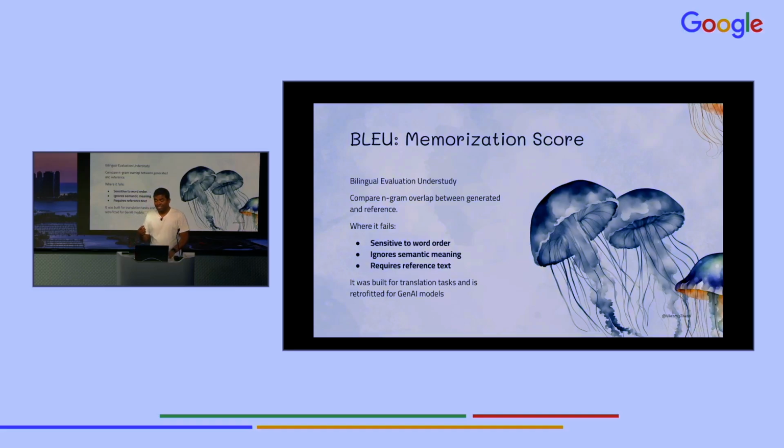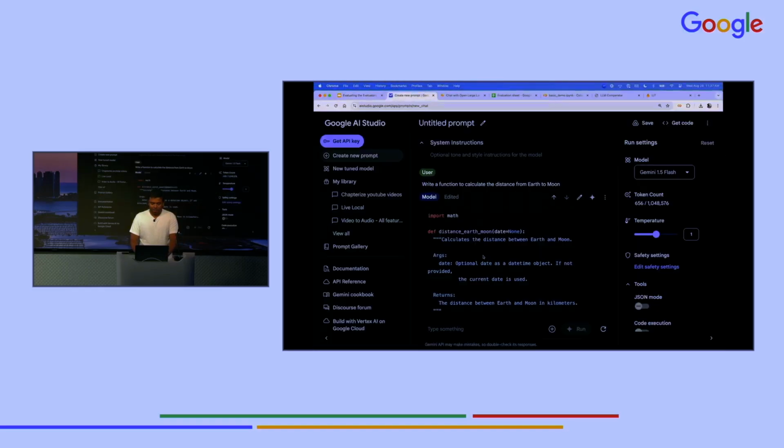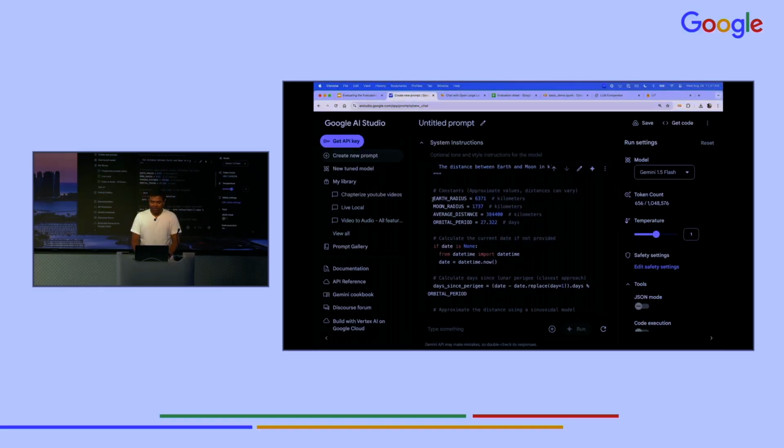The issue here is that it's very sensitive to word order. So if I move this n-gram to over here after the overlap, it will perform very differently. The score will suddenly drop. Let's go back to our example of this Python program. In this example, if Earth radius was moved down here, our BLEU score will drop quite a lot.